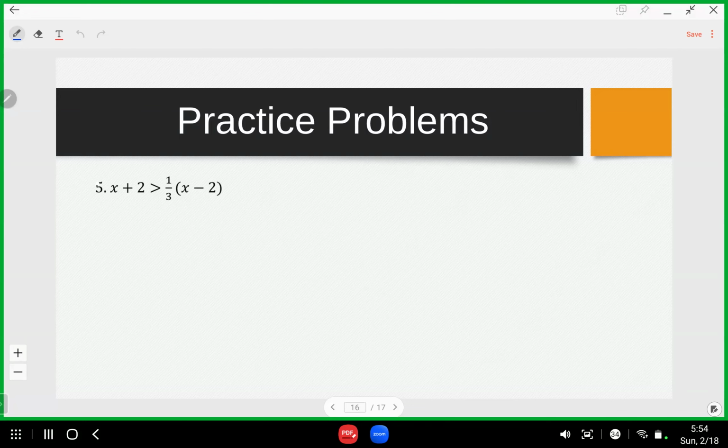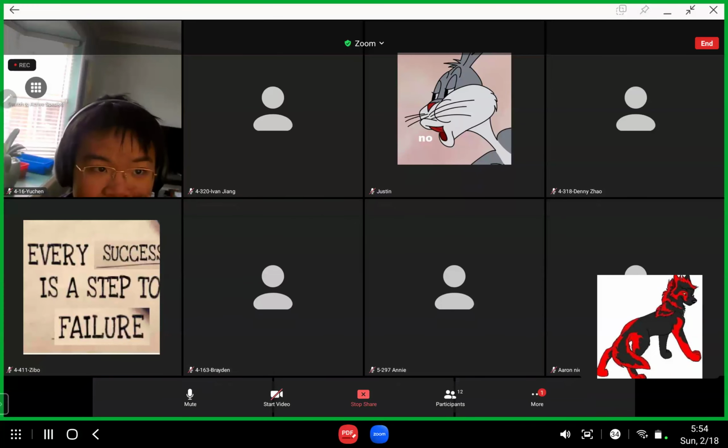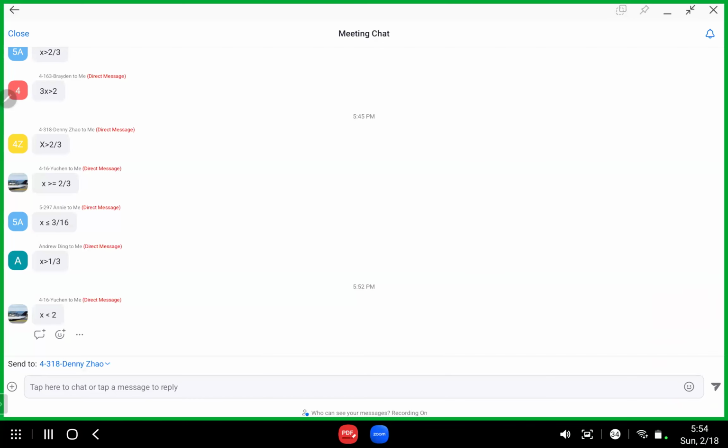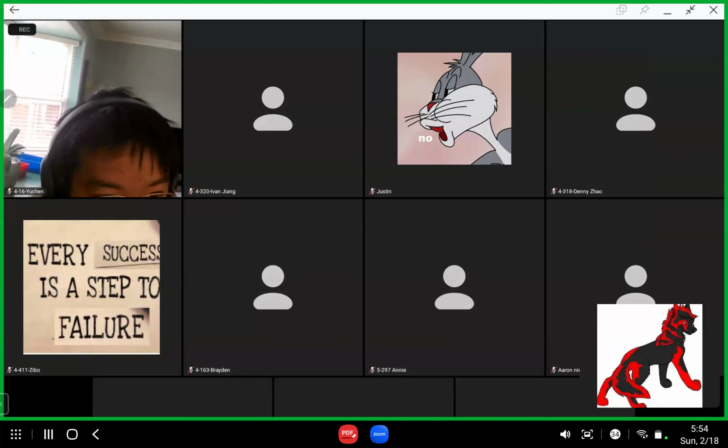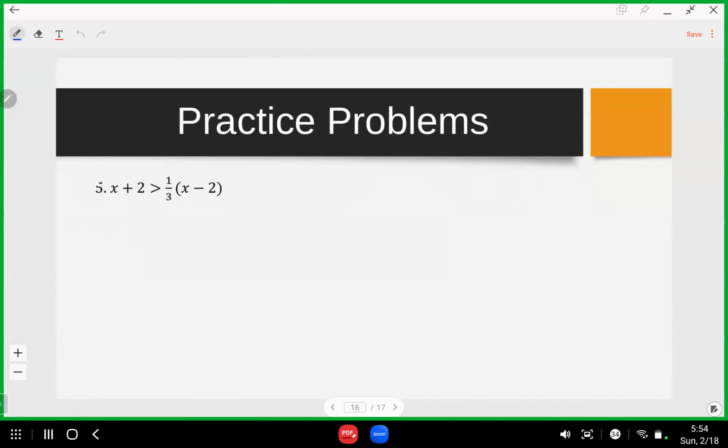All right, let's go over this one. Yuchen says x less than 2. Okay, that's great. What did you get, Yuchen? Yes, I did get x is less than 2. So I multiplied both sides by 3 to get rid of that 1/3. That's good.